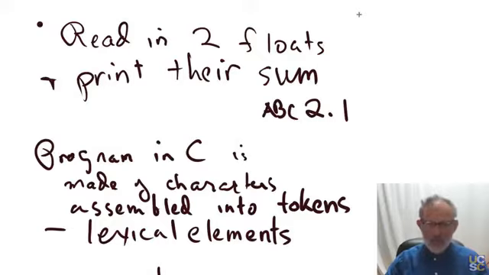Now, the elements of a C program are made up of characters, so it's just like an essay in English, except an essay in English could be understood even if you have misspellings and punctuation errors.